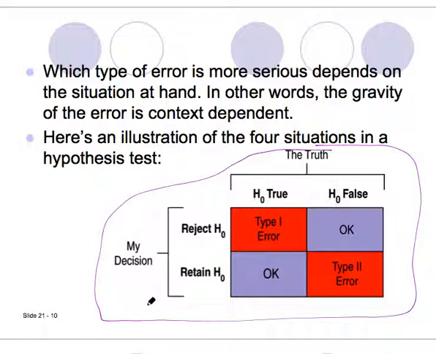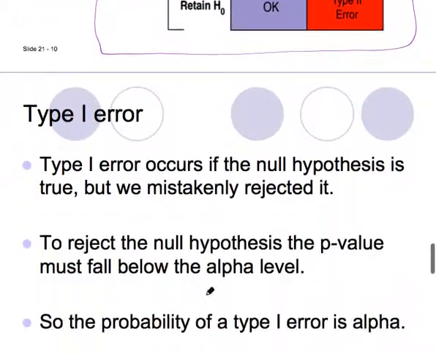Is it a high cost error if you make a mistake in one direction versus the other? If you make a type 1 error, you reject it when it was really true, it could cost a company a lot more money if they have to send something back. If it was truly false and you kept it, how bad is that going to be as well? Again, we'll have more scenarios and talk about that, but that's the decision-making process.